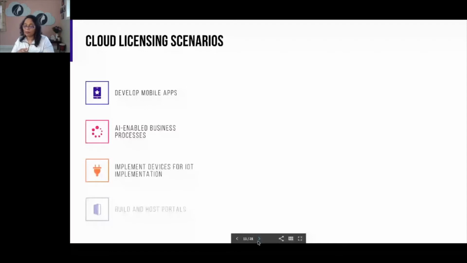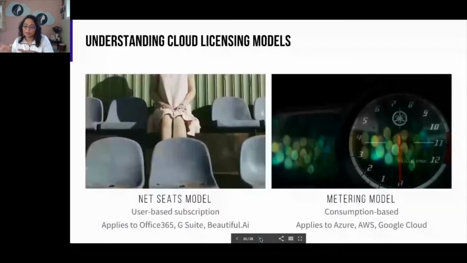Now that you know that recurring business model is the new business model in existence, there are two licensing models that you need to think about as you're thinking about your solution. One is the net seats model, which is a user-based subscription. For example, Office 365, G Suite, Beautiful AI, Smartsheet are all designed on a net seats model.